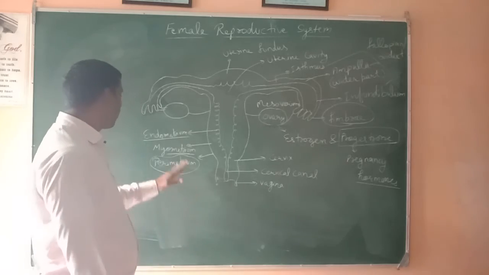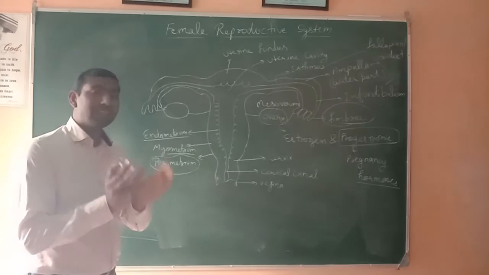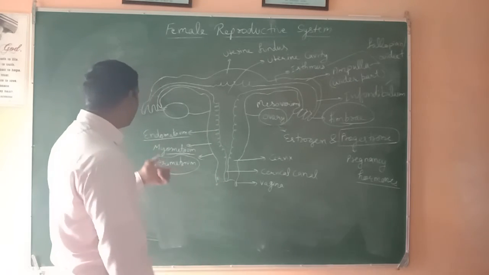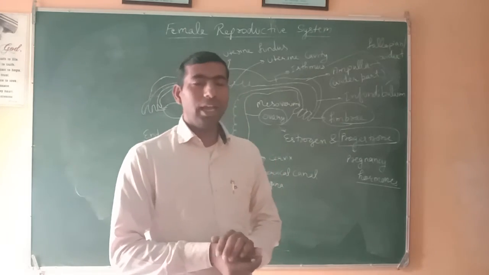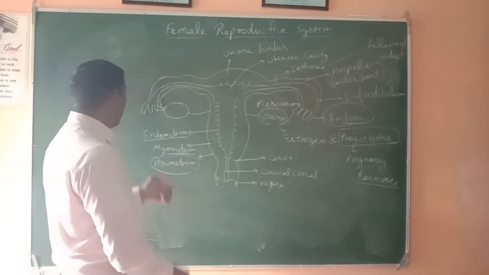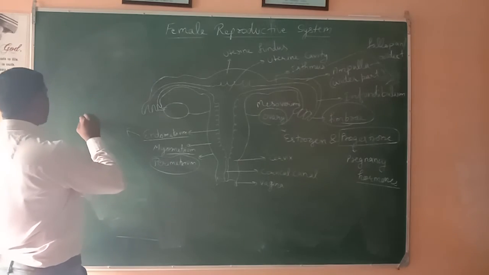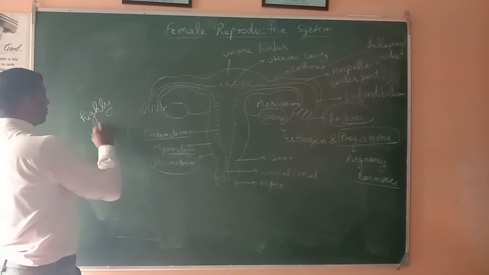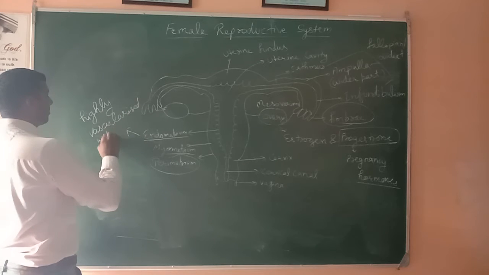Dear friends, the functions of these three different layers are: perimetrium protects or supports the uterus, the myometrium is highly muscularized and it contracts during the parturition process, and the endometrium wall is highly vascularized with blood vessels.